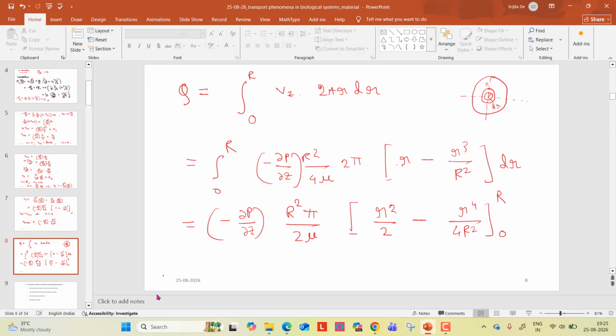So now you put the values. So it will come as minus del P del Z r square pi by 2 mu. So it will be capital R square by 2 minus capital R square by 4, right?